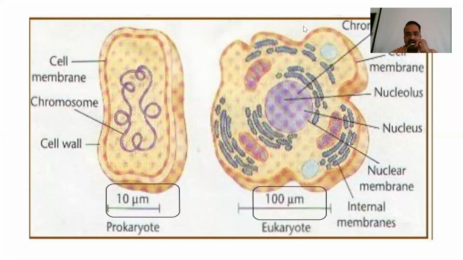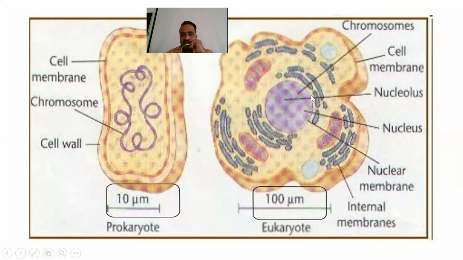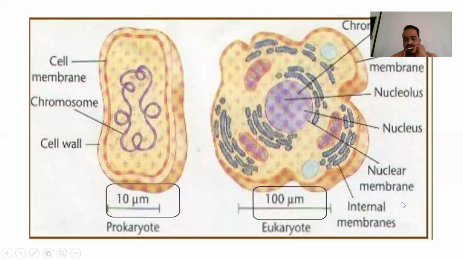And on the other side you have a eukaryotic cell, which has chromosomes, cell membrane, nucleolus, nucleus, nuclear membrane, and internal membranes, which are all present here. So the size matters here. You can see 10 microns and 100 microns. But almost all the other parts are the same. So this is how prokaryotic and eukaryotic cells look when you visualize them under the microscope.